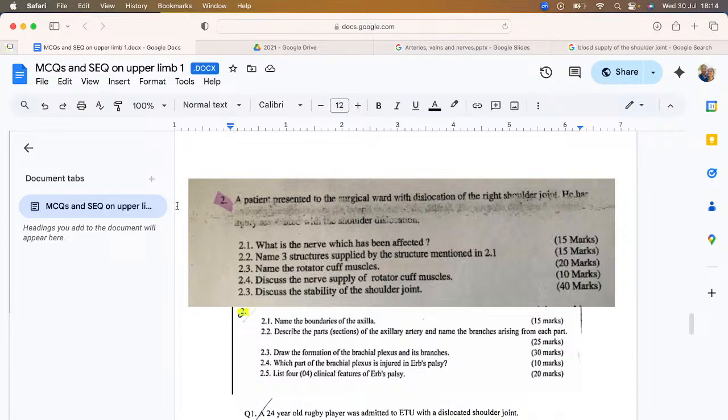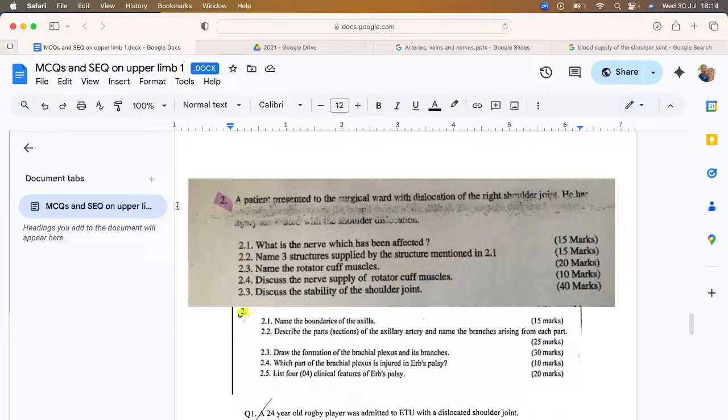Okay, and I know it says here three structures, but what I think they mean is that it also supplies the skin, what we call the regimental badge patch. So there will be the third structure it could innervate, but usually the question that gets asked is about muscles.